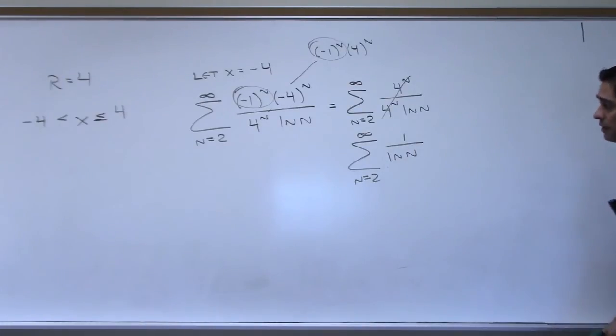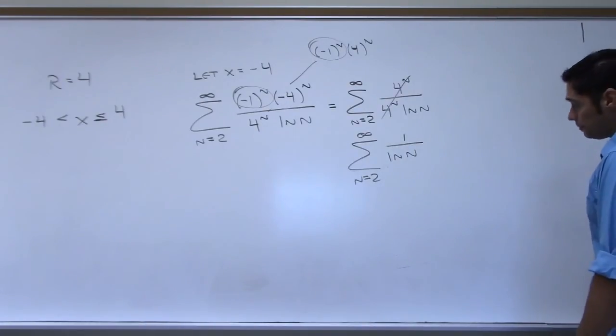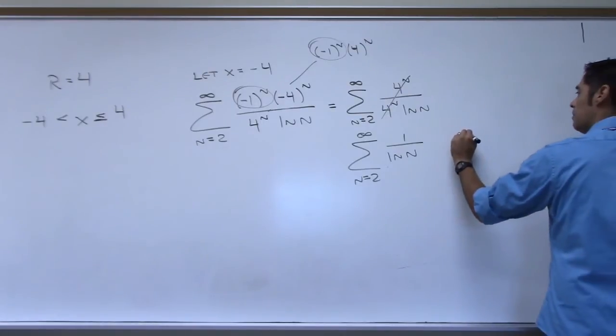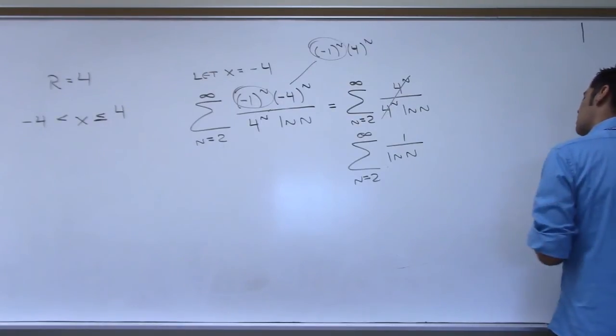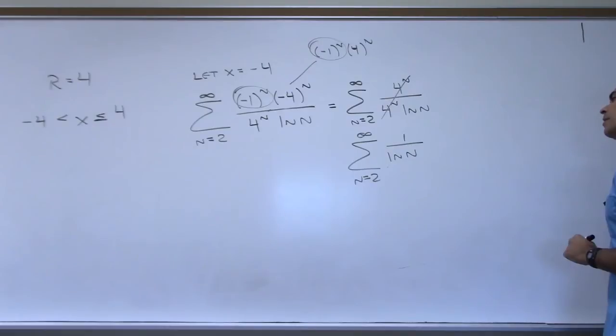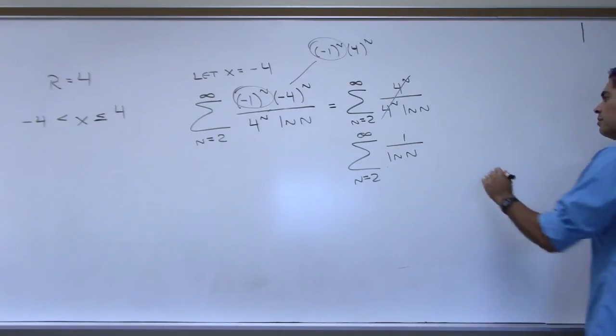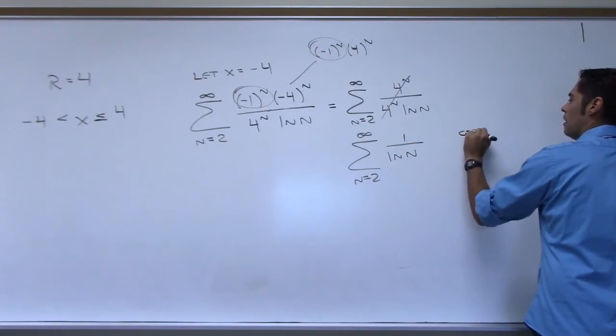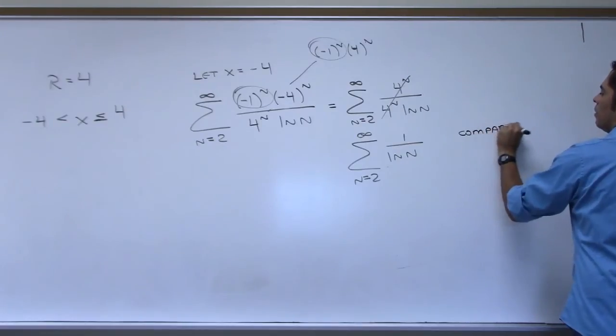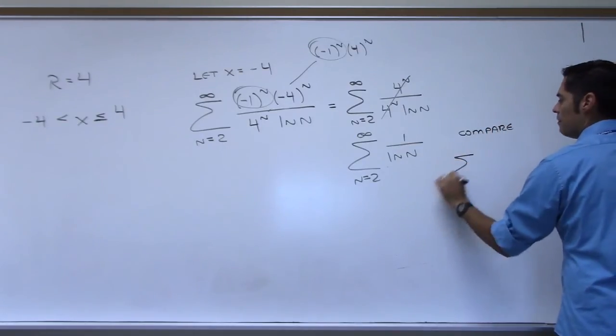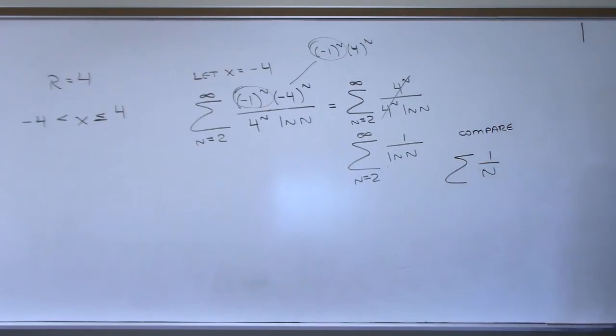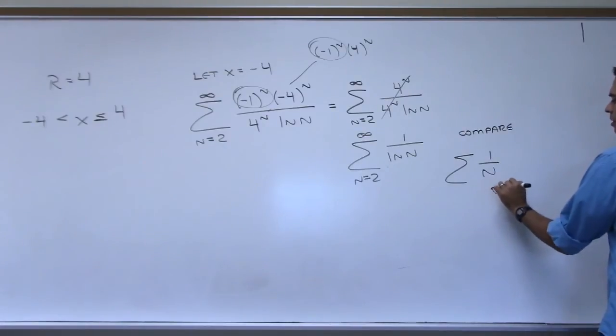And what we'll do for this one, since it's not alternating, we'll just do a comparison. A comparison? Or you want to do a ratio comparison? I'll just do a comparison, just a direct one. I'm going to compare it to sum 1 over n, which is harmonic. This diverges.